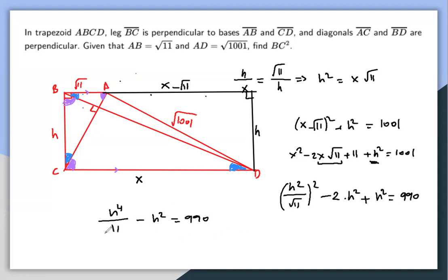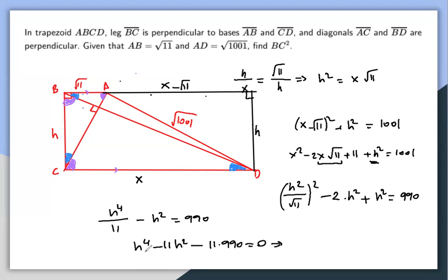And now we can multiply both sides by 11. So that should be h to the 4th minus 11 h squared minus 11 times 990 is equal to 0. You can do a substitution now for h squared to make this a quadratic and then go from there.